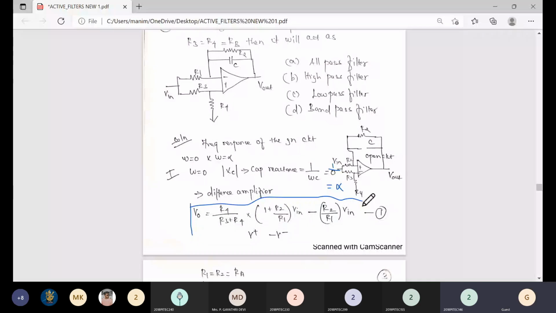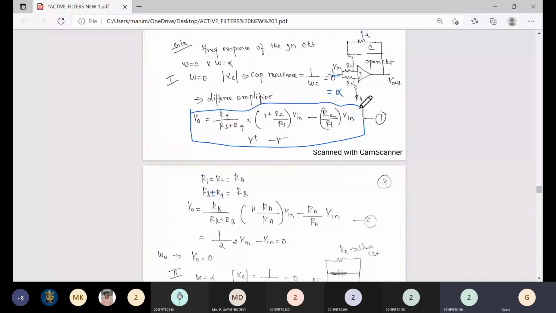Here they give R1 equal to R2, that is RA, and R3 and R4 are RB. Substitute these into the derived output equation: RB divided by RB plus RB, times 1 plus RA divided by RA, times Vn, minus RA divided by RA into Vn.